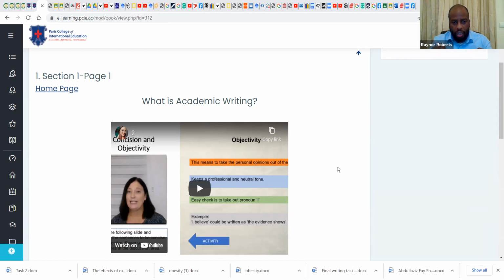Cohesion is making sure that every idea, every sentence, every phrase, every paragraph goes back to support the main thesis. Or if you're writing a paragraph, the topic sentence. That there's not one sentence that's a filler.